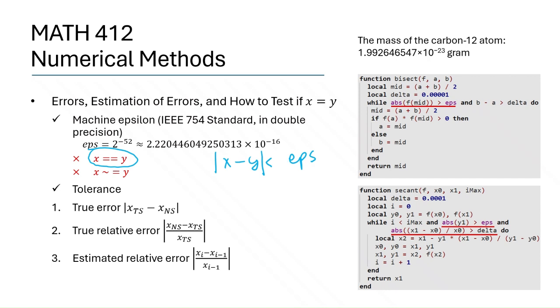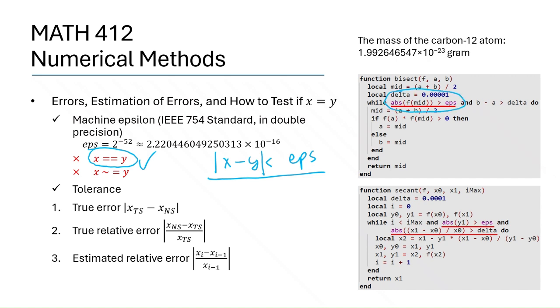So it depends. Normally, for floating point numbers, if we want to test if they're equal to each other, we use this. That's why here in the code we use this.